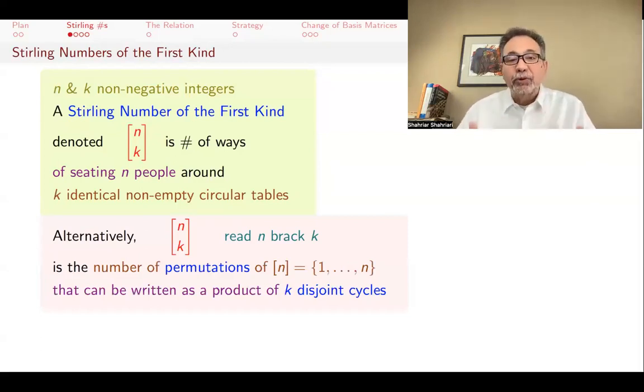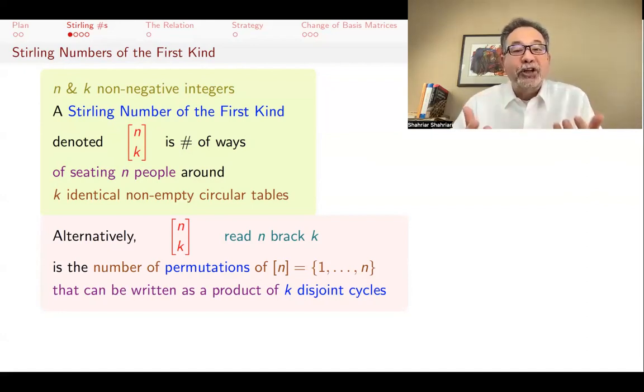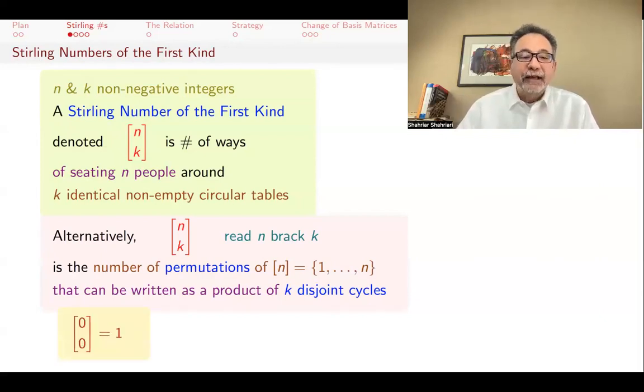Every permutation can be written this way, which is something you learn in basic abstract algebra, and I have videos on that also about cycles and permutations in S_n, the symmetric group, and how many elements of S_n are written as a product of k disjoint cycles. And 0 bracket 0 is 1. You can either define it that way or properly interpret what Stirling numbers of the first kind are.